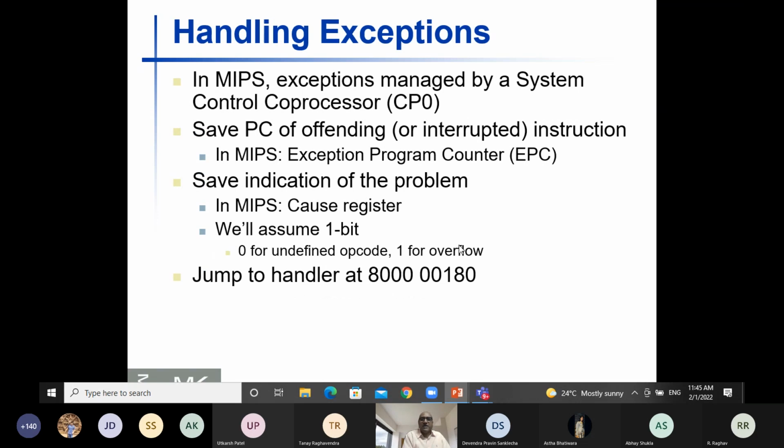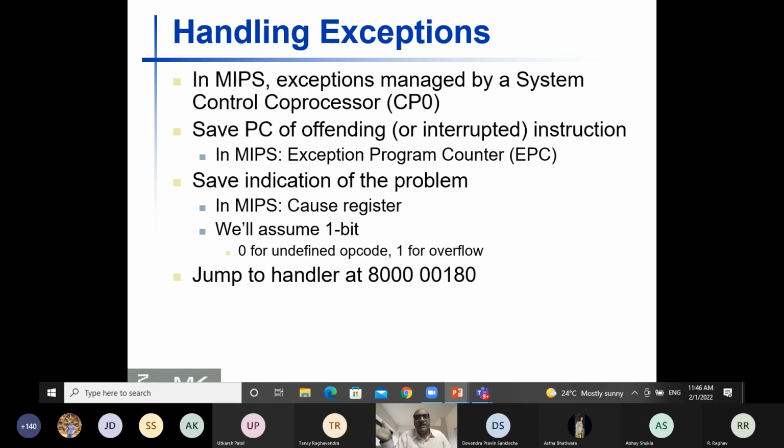Handling the exception is no different from the way we do branching or conditional statements. So what happens is that when the normal program is executing, at some point in time, some event occurs, like an unknown event. For example, when you are performing an arithmetic instruction, overflow may occur, right?